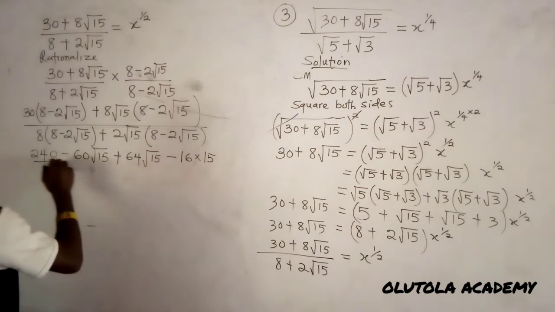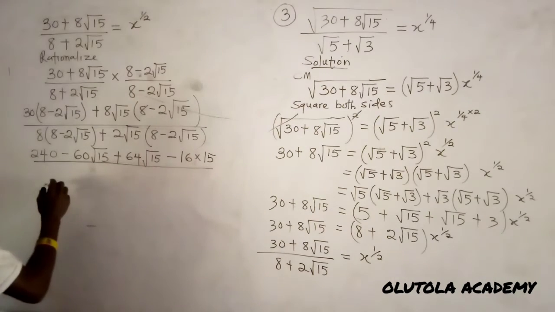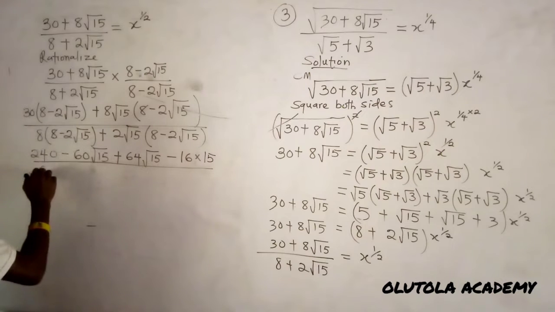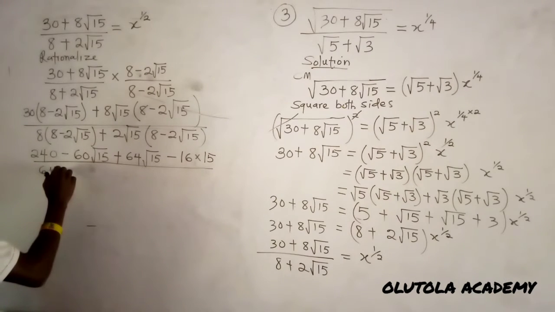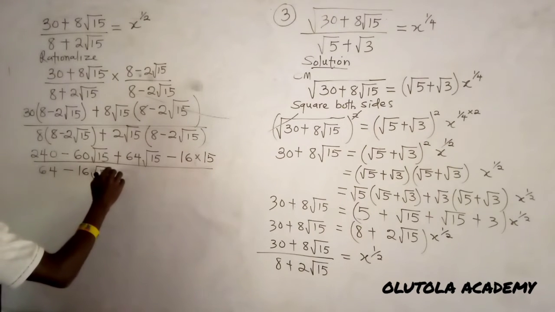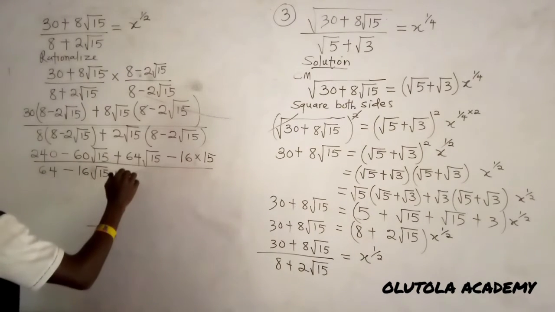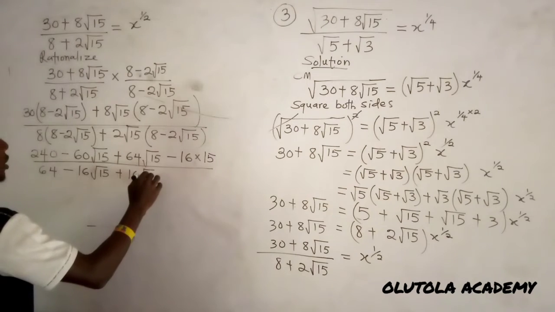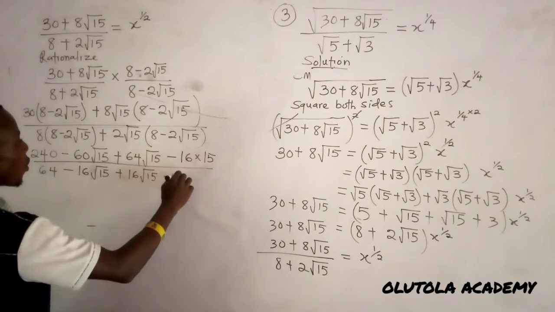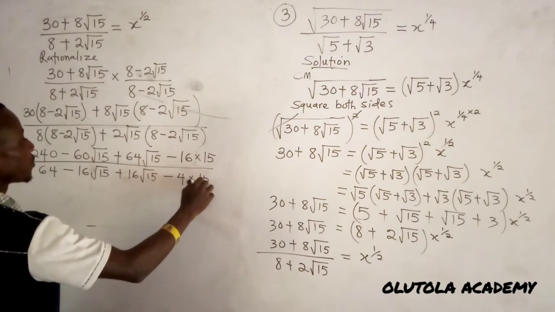So I work on the denominator now. I have here 64 − 16√15 plus this times this, 16√15, then this times this, I have minus 4 times 15.